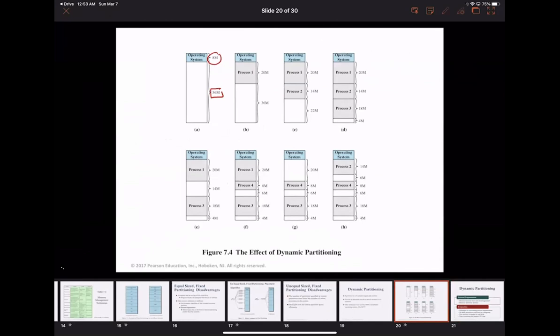Initially, the main memory is empty, except where, as I said, the operating system is loaded. And then the first 3 processes are loaded in, starting where the operating system ends and occupying just enough space for each process. So we have process 1, process 2, and then process 3.